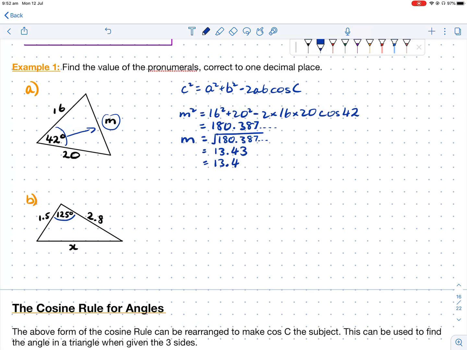So when we put this in, there's the side that it's opposite. So x squared is 1.5 squared plus 2.8 squared minus 2 times 1.5 times 2.8 times the cosine of 125. So we're going to put that into the calculator.